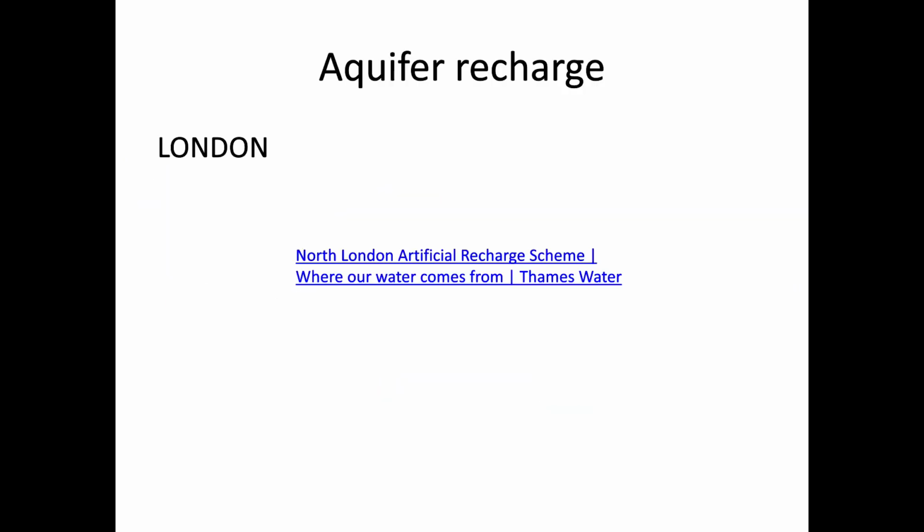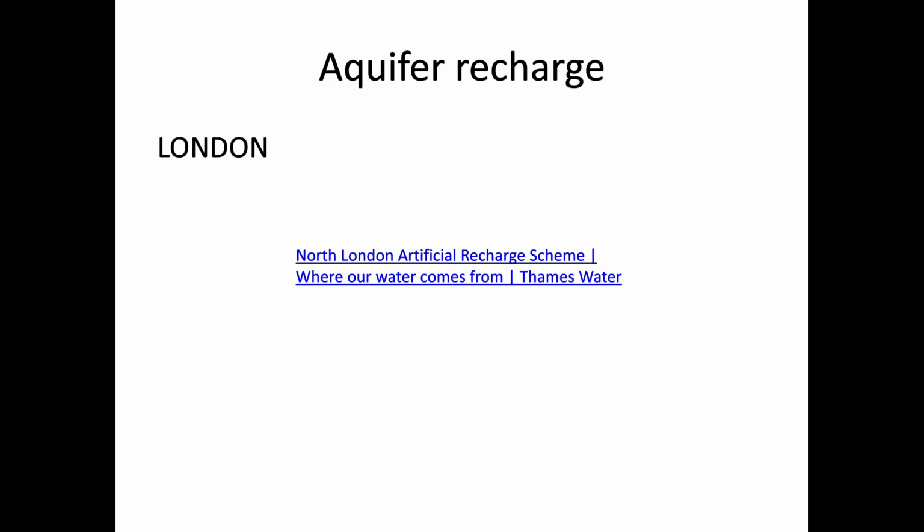And it's got to the extent that in London and other places, but London is one of the best known examples, we actually have to refill our aquifers artificially. London is obviously a very big urban area. It has huge amounts of impermeable surfaces, and it's impeded the infiltration and percolation to the extent that the Water Board have to recreate aquifer recharge.